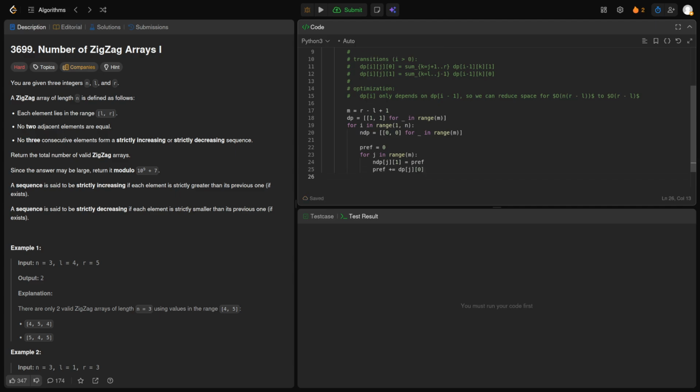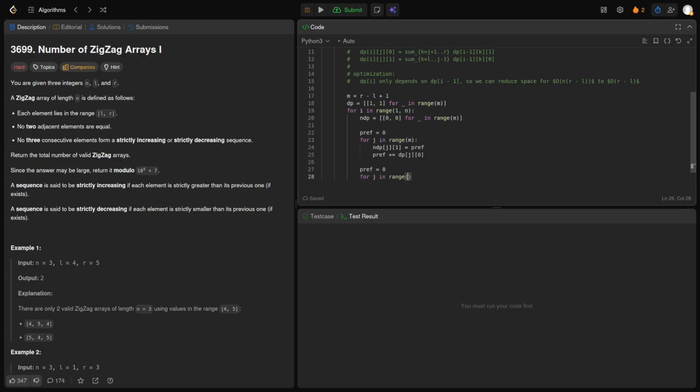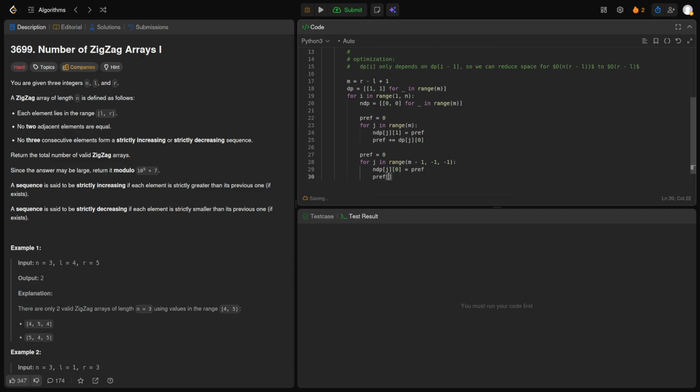And dp[j][0], and then prefix 0 for j in range, and dp[j][0] is prefix, and then prefix plus equals dp[j][1].